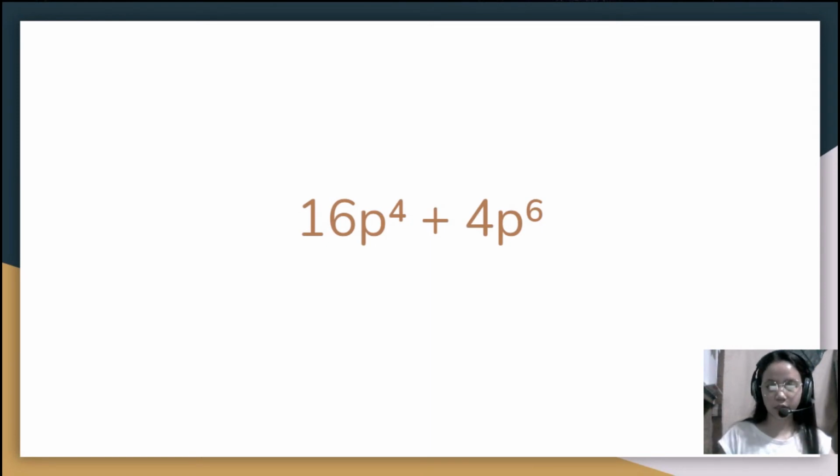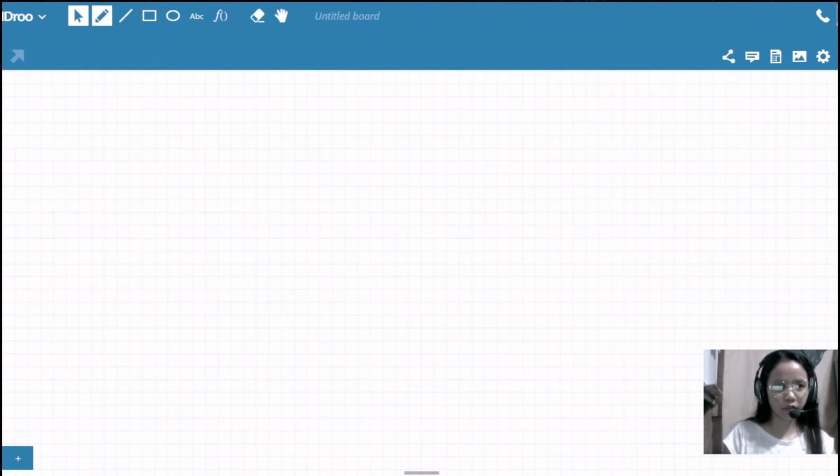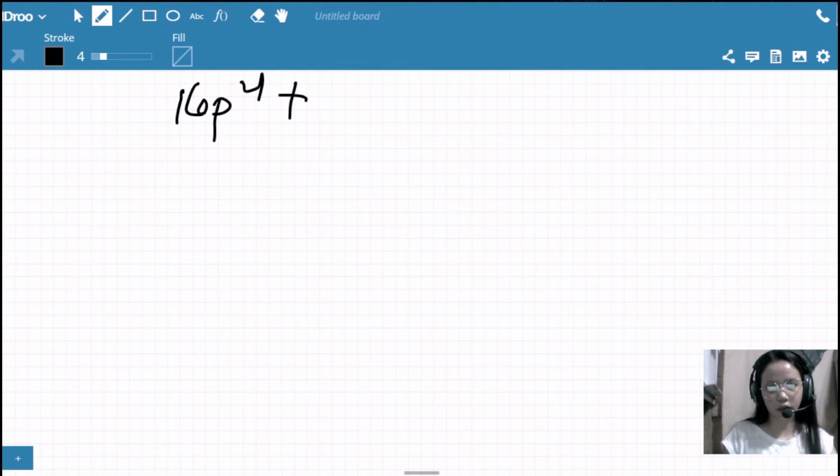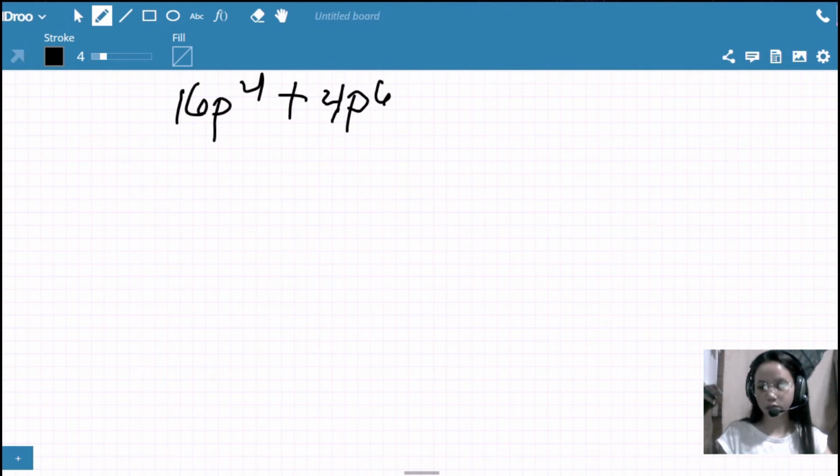Okay, this time let's have our second example. So we are given 16p raised to 4 plus 4p raised to 6. So let's use the shorter way, or the short method. In order for us to find the GCF between these terms, let's do it piecewise.